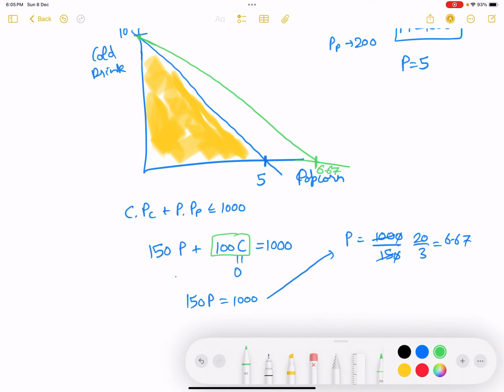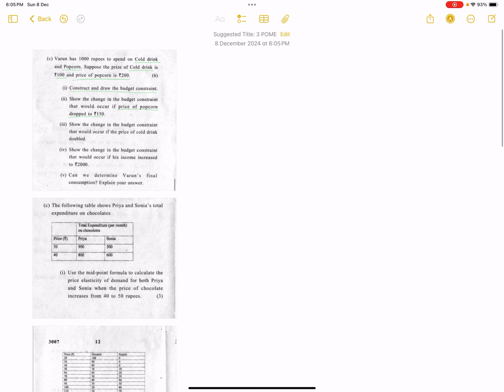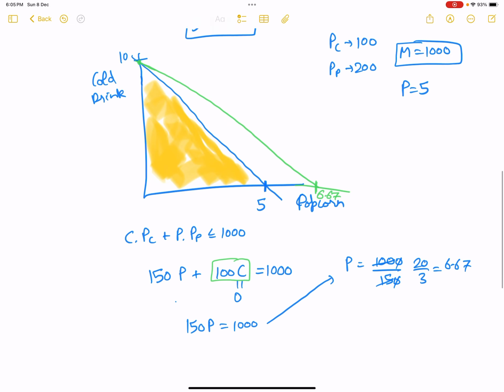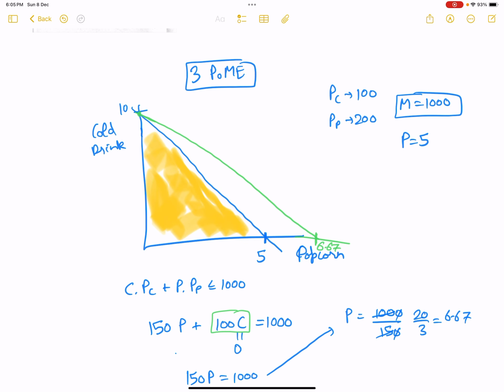Okay, so now moving to our third part of the question. Show the change in budget constraint that would occur if the price of cold drink doubled. Now, price of cold drink doubled. So, initially, if we have this, and now the price of cold drink doubled.